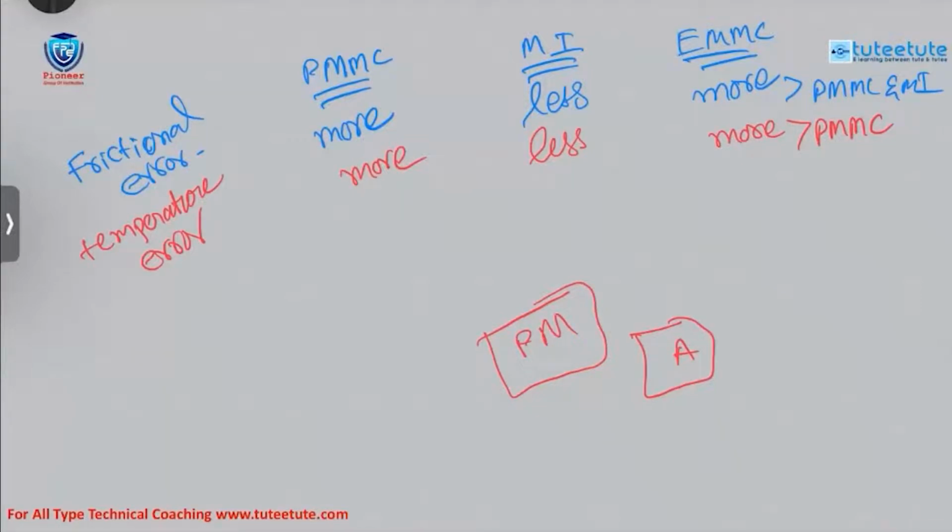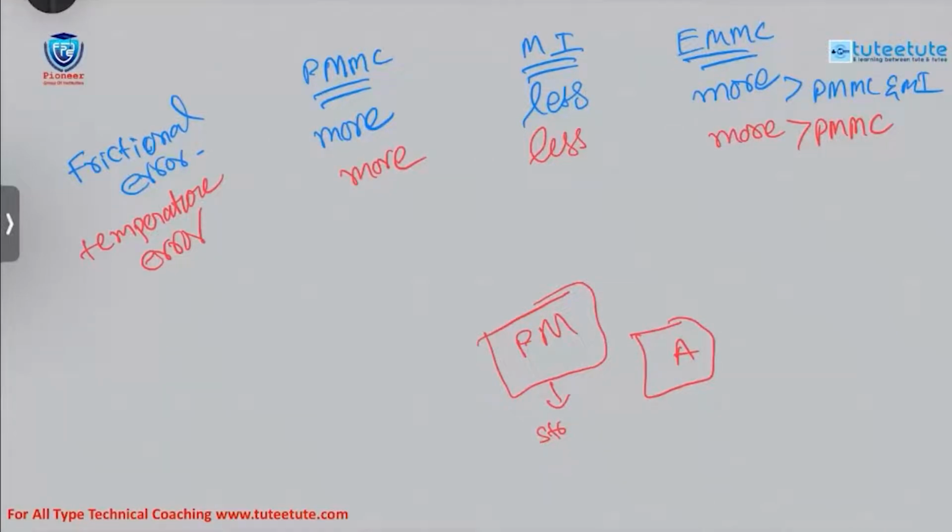Whenever you go near the permanent magnet, what happens? The strength of this permanent magnet is more, and because of this it is going to affect the deflection in the ammeter. The external magnetic field is going to affect the deflection in a given instrument. That magnetic field is called stray magnetic field, and it is going to affect the final reading of the instrument.